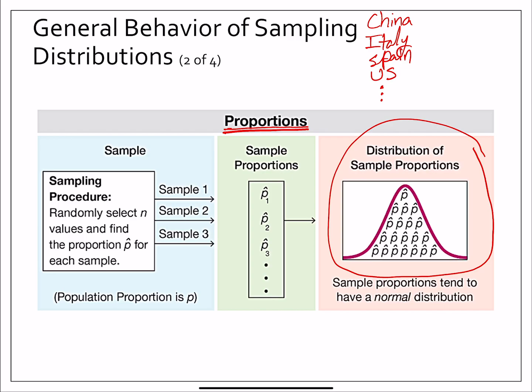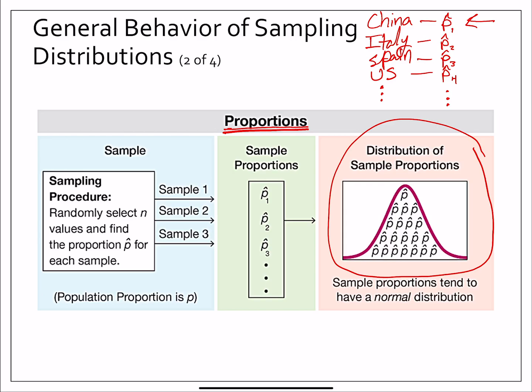And each of these would have had a p hat: p hat 1 next to that one, p hat 2 next to that one, p hat 3, and p hat 4. So instead of looking at one place, which would be just looking at, say, China, right?